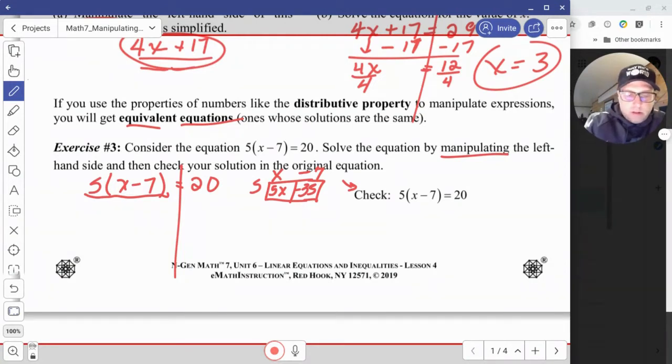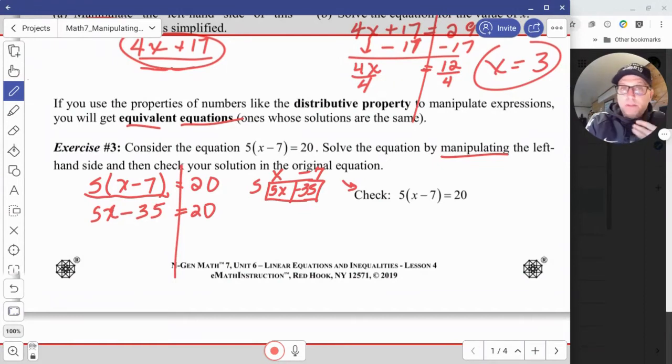So this left side now simplifies into 5x minus 35 equaling 20. Staying on the left side, let's look at it again. I now have 5x and a minus 35. There's nothing left to distribute.